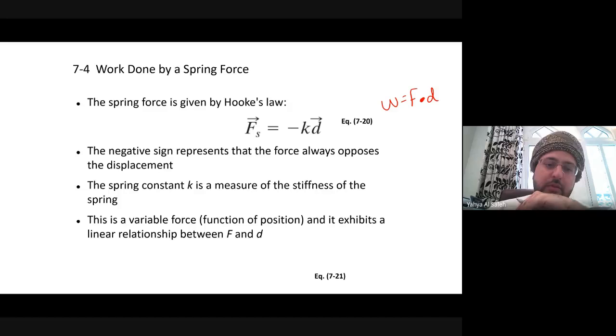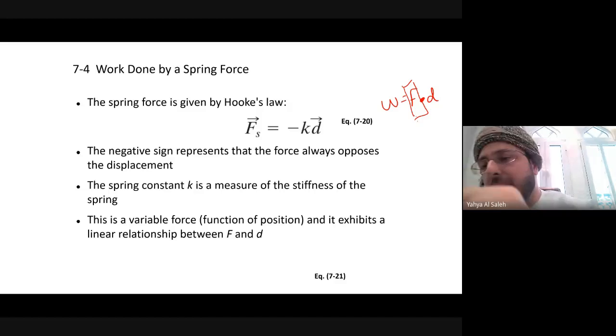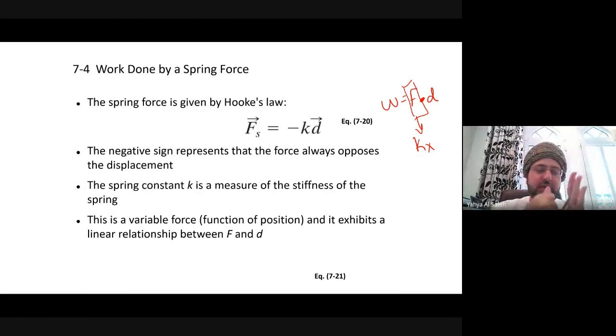What F do I use? We said my F is equal to Kx. So at each instant in time, I have a different x, so a different force. When I'm calculating my work, which F do I use? I cannot decide on an F. I need to consider all the Fs, so we'll be doing it using integration.